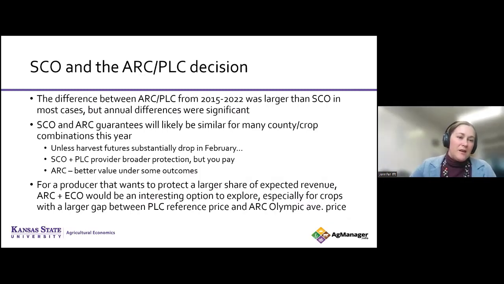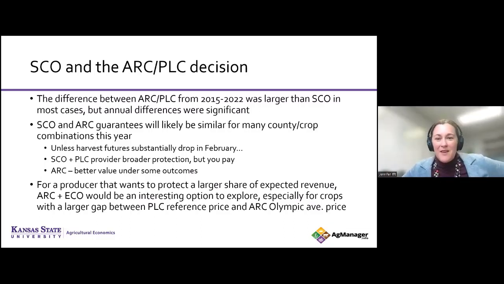But first of all, if you look at average historic payouts, the difference in the past between ARC and PLC was larger than what SCO would have been, but there are significant annual differences that relate to the guarantee. Again, SCO and ARC are likely to be similar this year unless we see a huge drop in markets in the next month. The long-term SCO plus PLC provide broader protection, but a producer has to pay in, while ARC can be a better value.